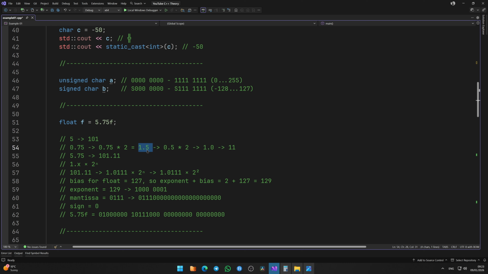We write down 1 and subtract 1. It equals 0.5. So 0.5 times 2 equals 1.0. We write down 1. So after 2 steps, we're done, meaning the fractional part becomes 0.11 in binary. Now we combine them.